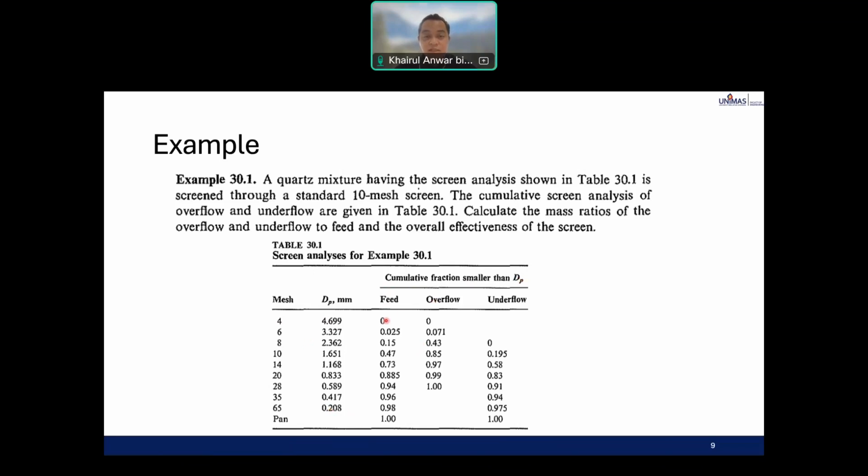So for this one, none at mesh 4, none. For mesh 6, it is smaller. It's tighter now, so we have some fraction in the feed.